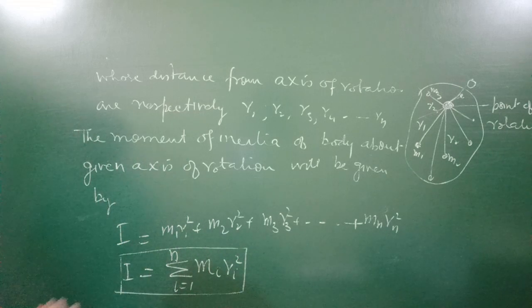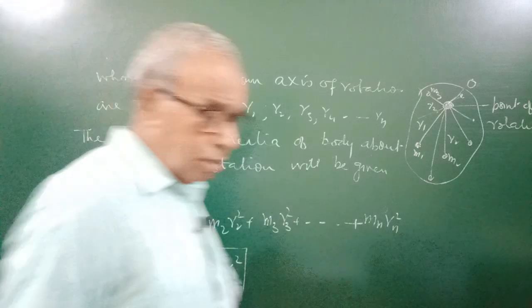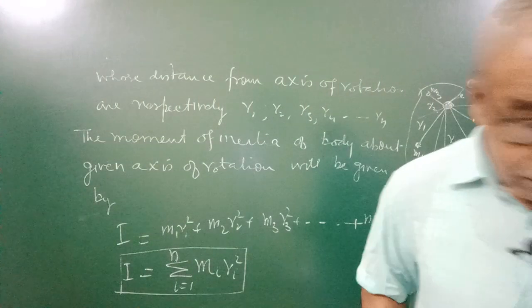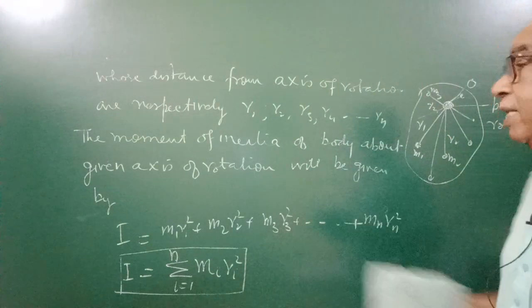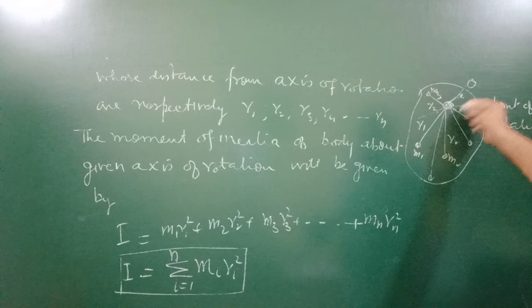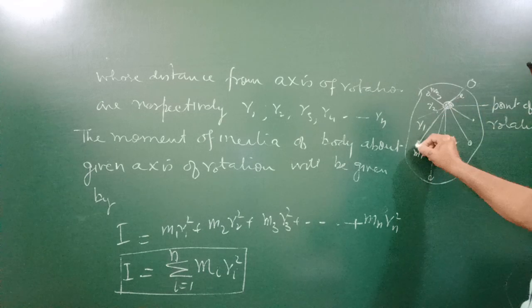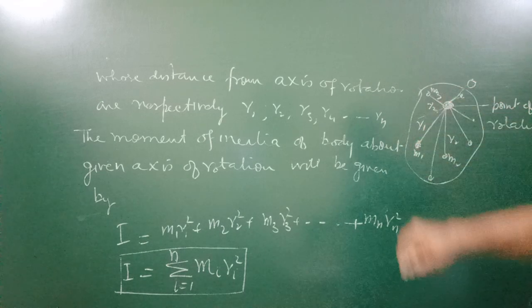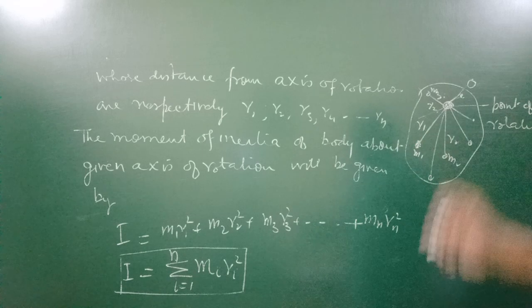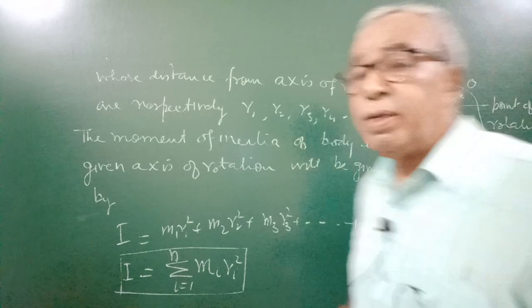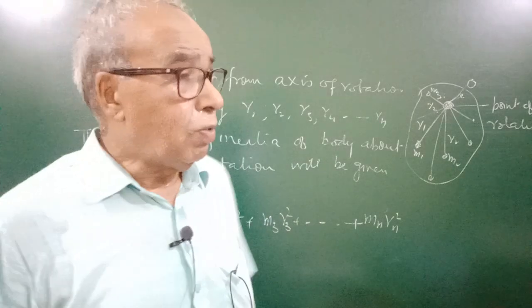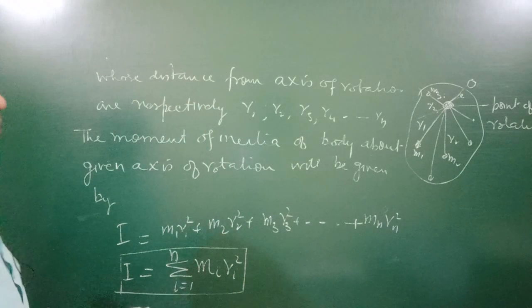I will give one example, you will understand. So this is simply theory, just to understand. Like this body is made up of so many parts, the moment of inertia about the axis here is m1 r1 square, m2 r2 square, m3 r3 square, and when we add all of them, we get the moment of inertia of the whole body.